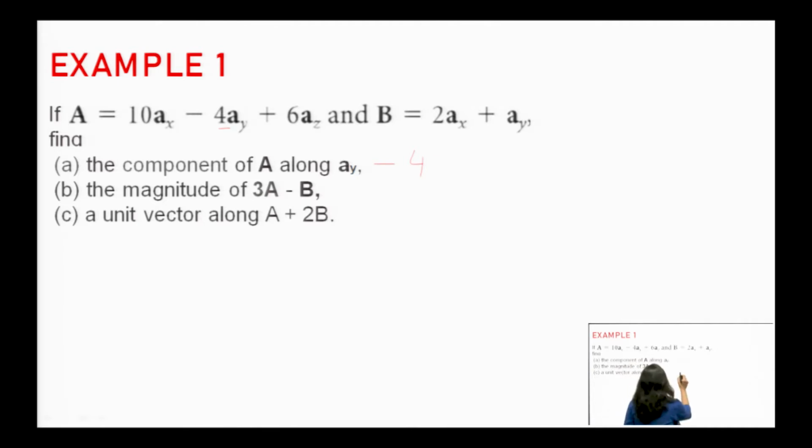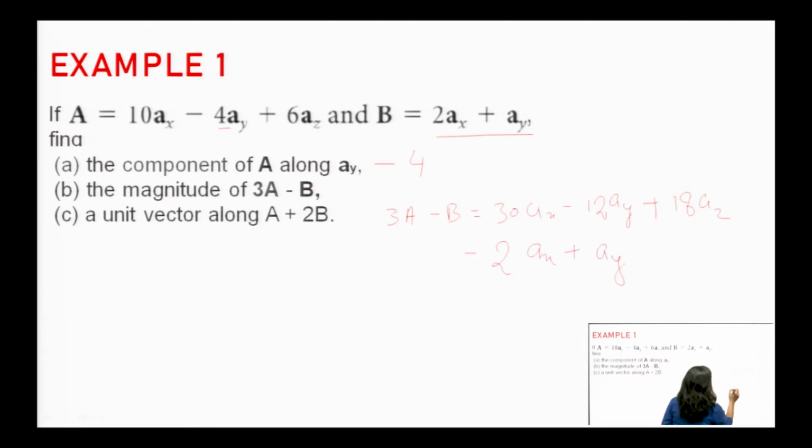So 3A minus B can be written as 30ax minus 12ay plus 18az. Minus B means minus (2ax plus ay), 2ax plus ay.